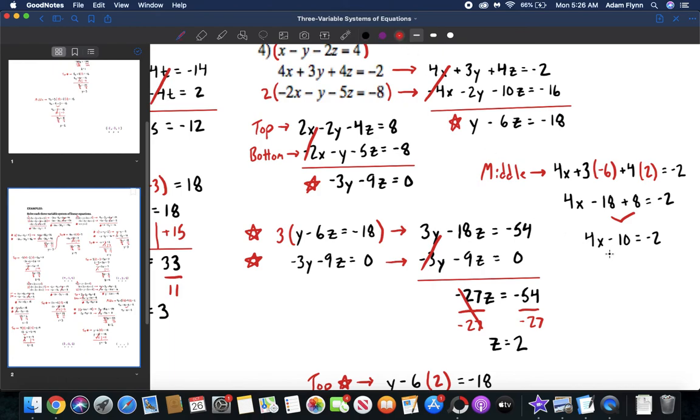I can add 10 to both sides. When I do that, 10's cancel on the left. So I get 4x equals negative 2 plus 10, which is 8. Divide both sides by 4.